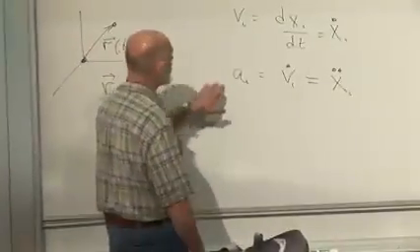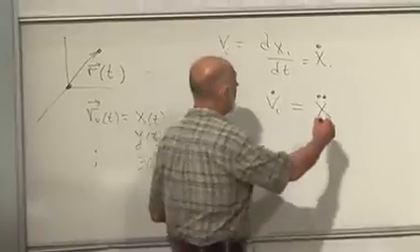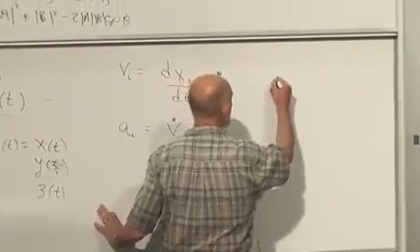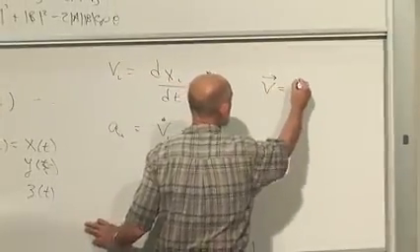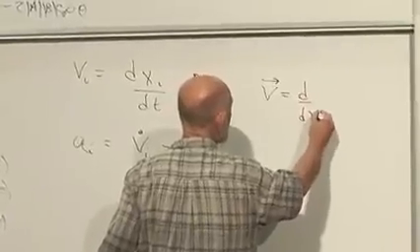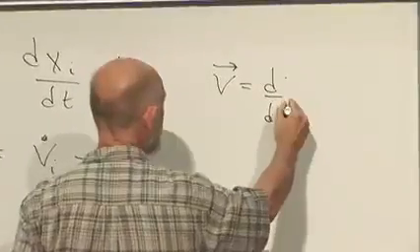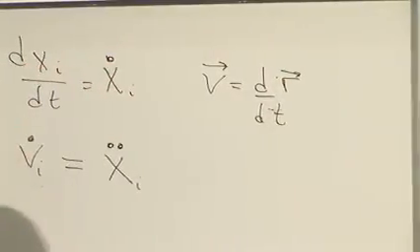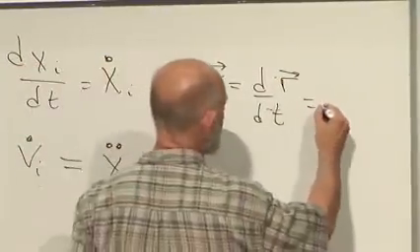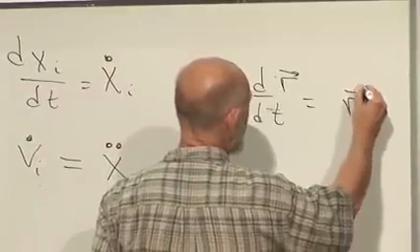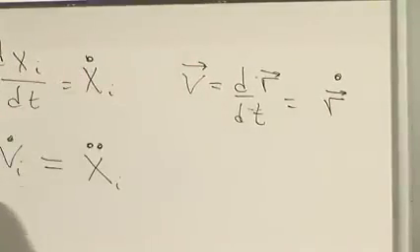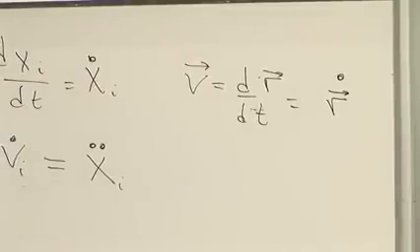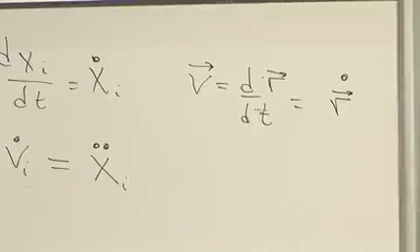We could also write this in vector form. We could write that the velocity as a vector is equal to the time derivative of the position vector, or just, this gets a little annoying, r dot. r with an arrow to indicate it's a vector, dot to indicate the time derivative.